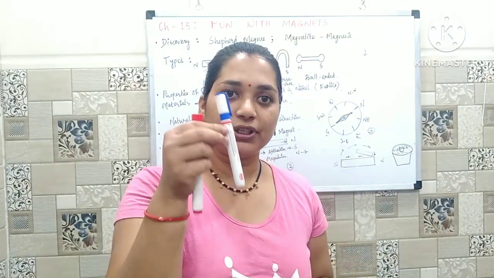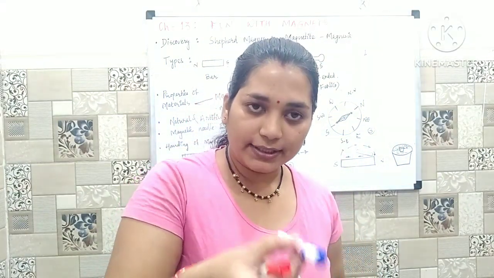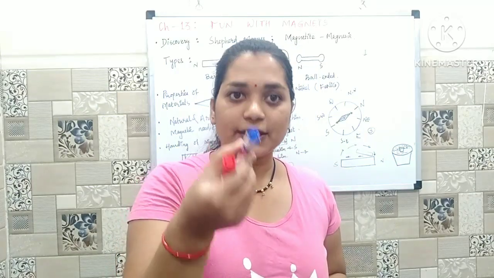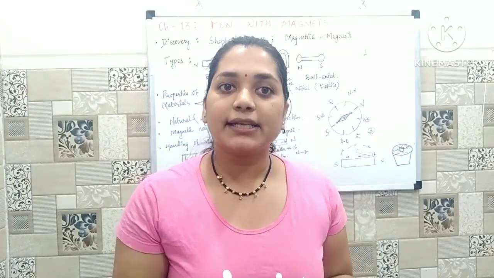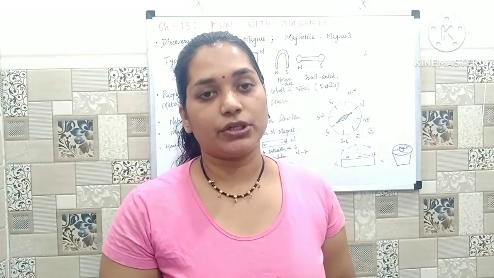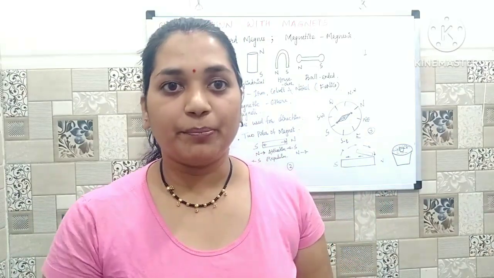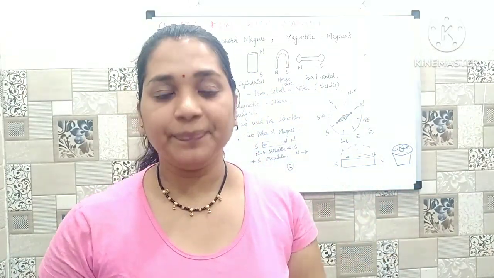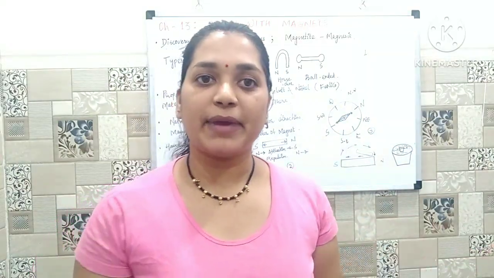Then float the cork on the water surface of your glass full of water. Then it will show you the north and south directions. So this is also a type of compass which can show you north and south with its magnetic property.